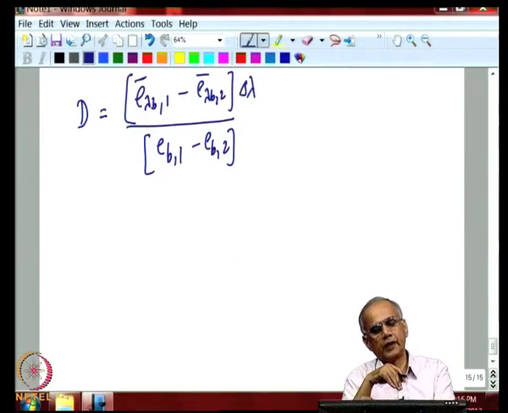Now, you should recognize the fact that once we treat the gas as gray, this quantity becomes 1.